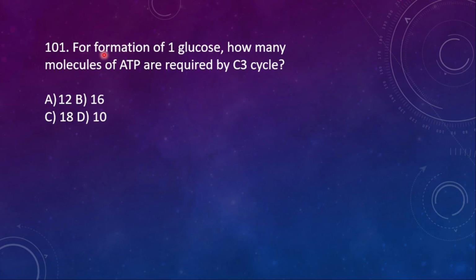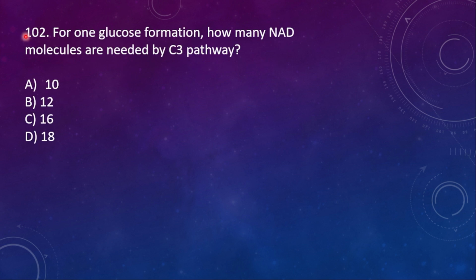101. For formation of one glucose, how many molecules of ATP are required by the C3 cycle? It requires 18 molecules of ATP. 102. For one glucose formation, how many NADPH molecules are needed by the C3 pathway?